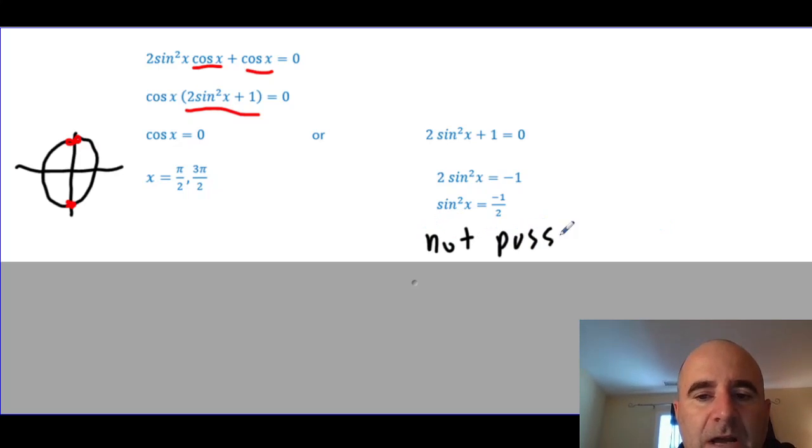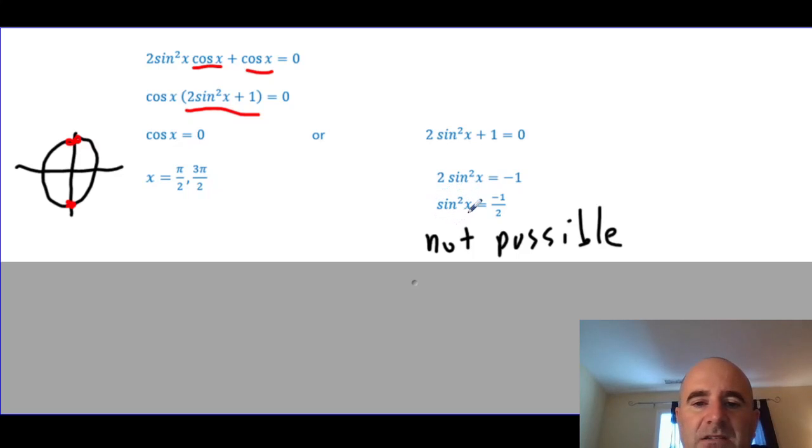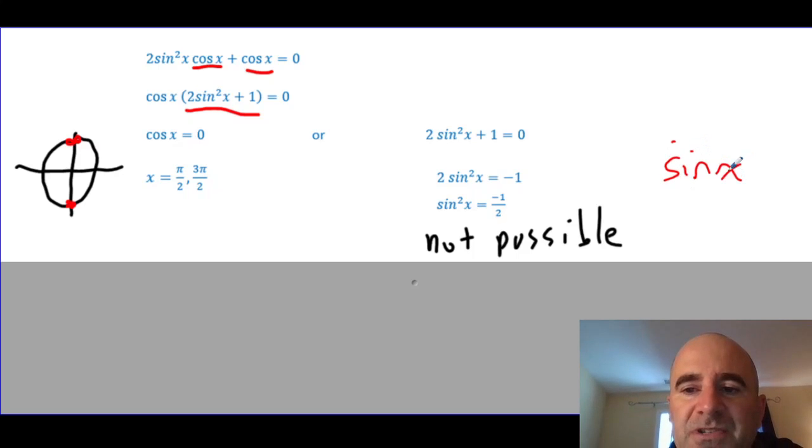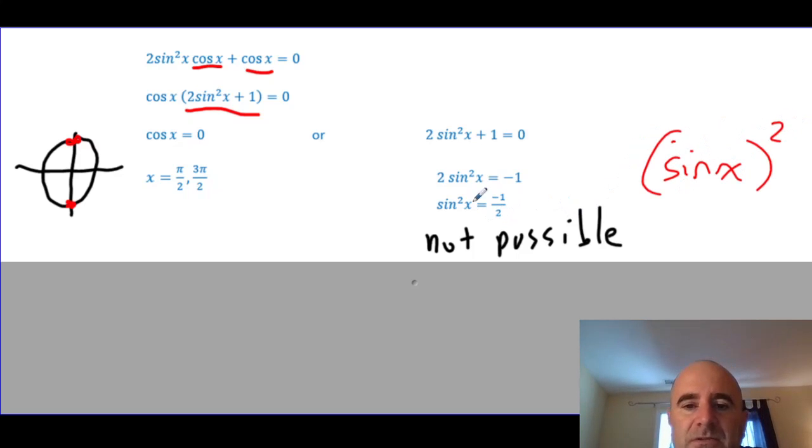We can think about why that's not possible. You have to remember what sine squared x means. Sine squared x is really just a shortcut for sine x times sine x, or sine x all squared. So you're basically saying there's a value of x that, when you square it, you get negative 1/2.